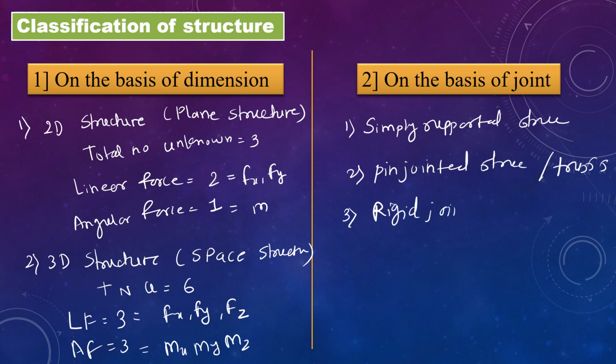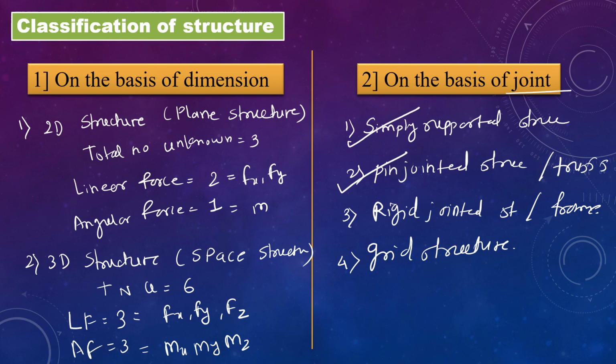Rigid jointed structure is a frame structure, and last one is grid structure. So these are the 4 structures which are classified on the basis of joints: first simply supported, second pin jointed structure or truss, third rigid jointed structure or frame structure, and last is grid structure.